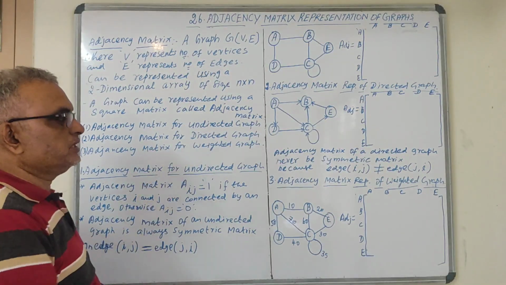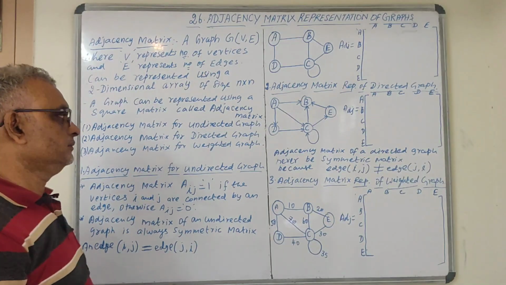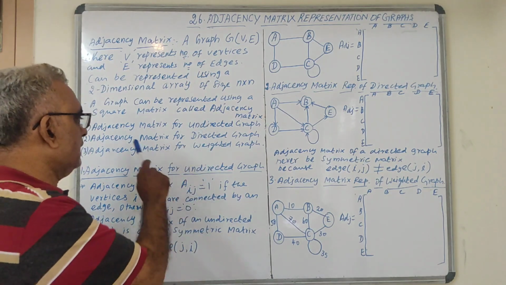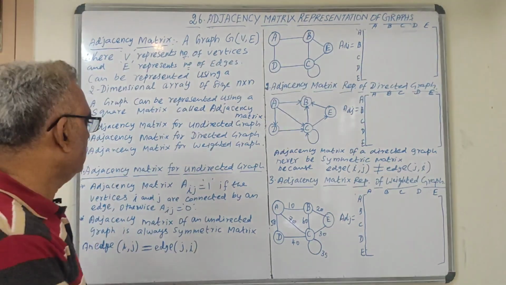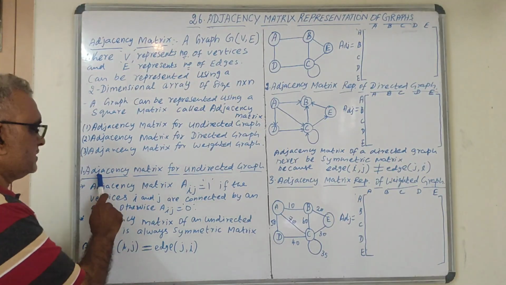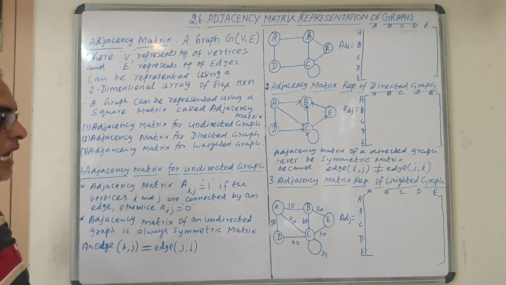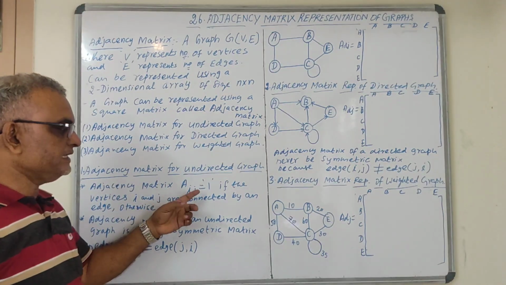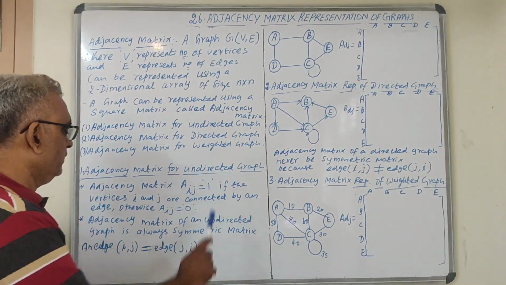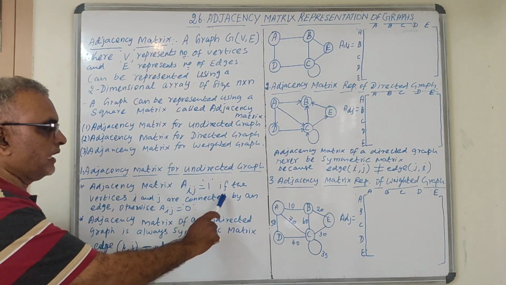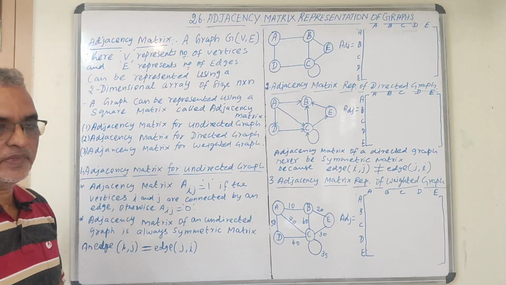So now we are going to discuss how to represent the adjacency matrix for an undirected graph, for a directed graph, and for a weighted graph. Let us see the first one, the adjacency matrix for an undirected graph. The adjacency matrix A[i][j] is equal to 1 if the vertices i and j are connected by an edge.